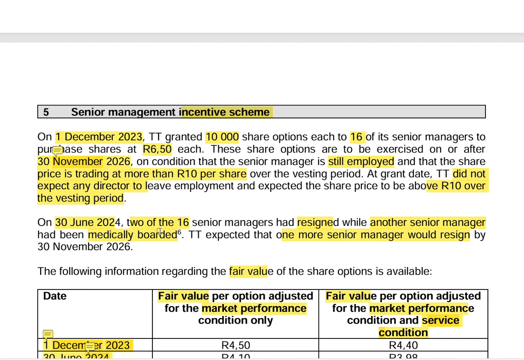Now when you see this information, you might think you need to remove the medically boarded one. The medically boarded one will still participate in the share option scheme. The only employees that aren't going to be participating are the ones that resigned. But the one that was medically boarded needs to still be considered in our calculation of the share option scheme.